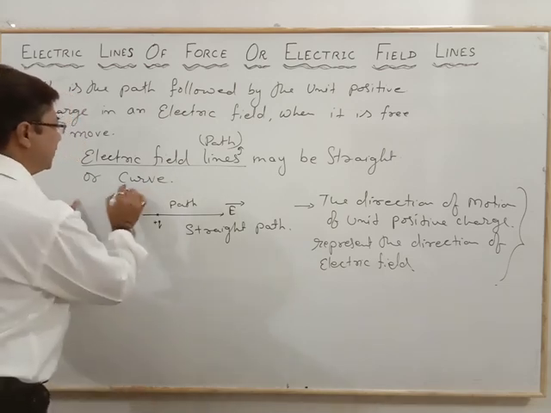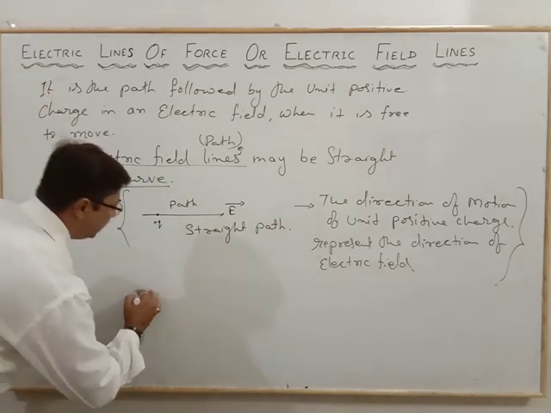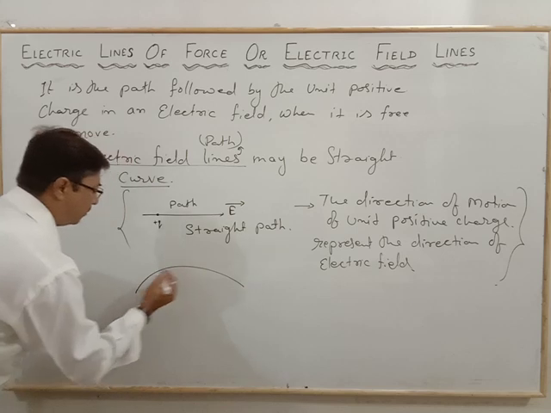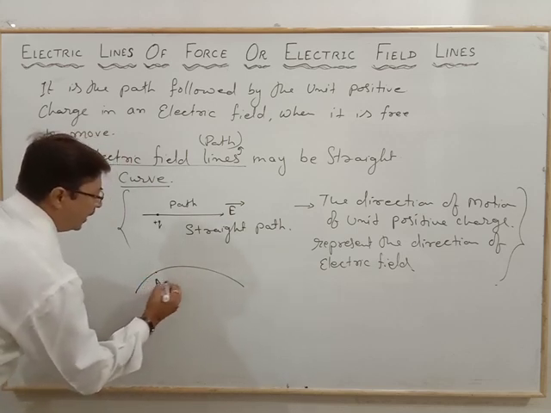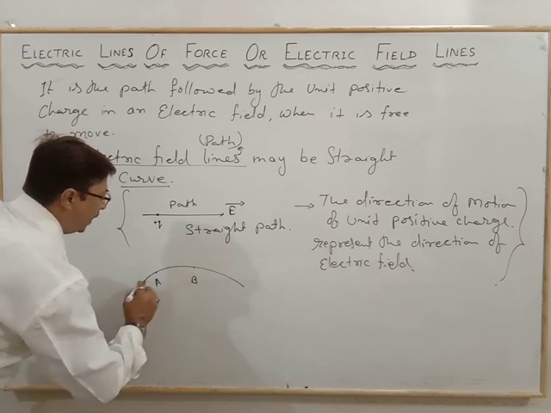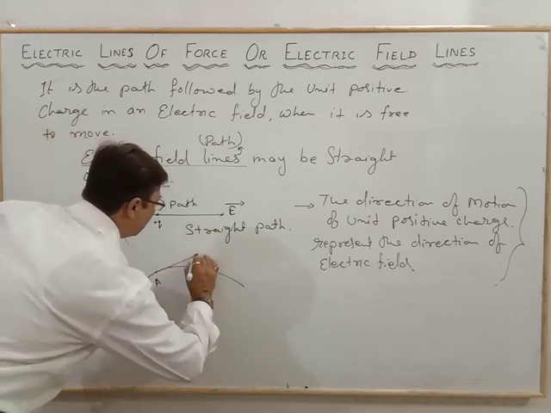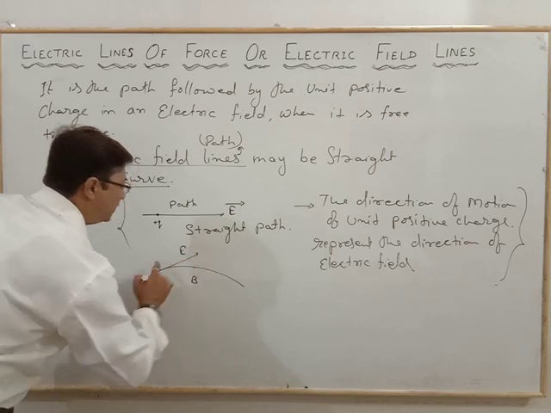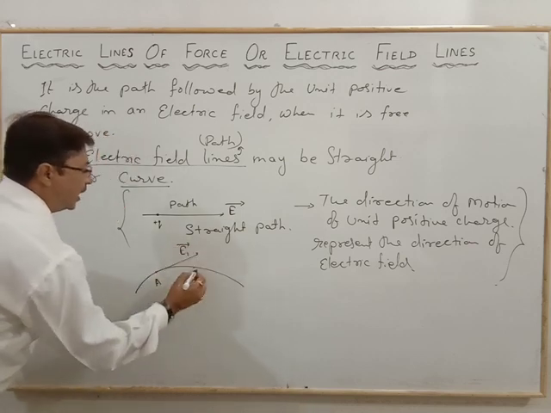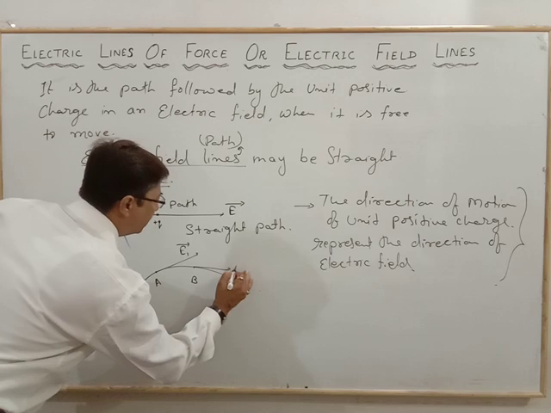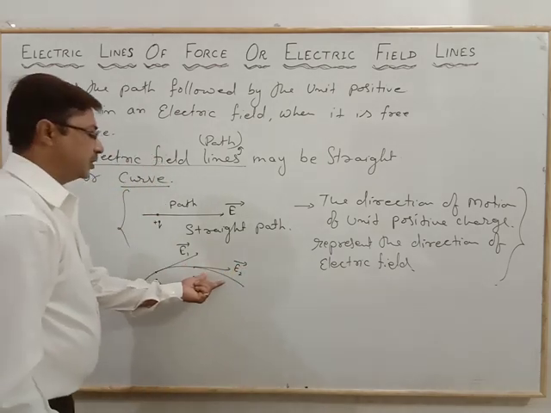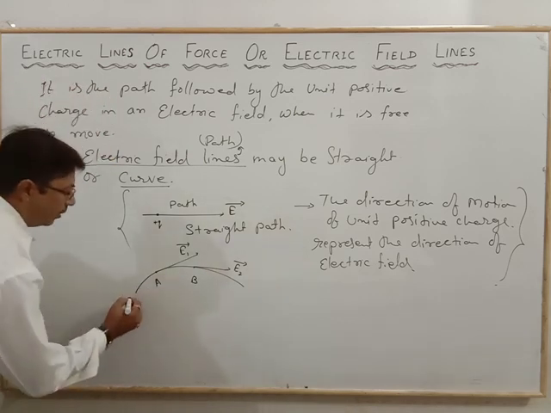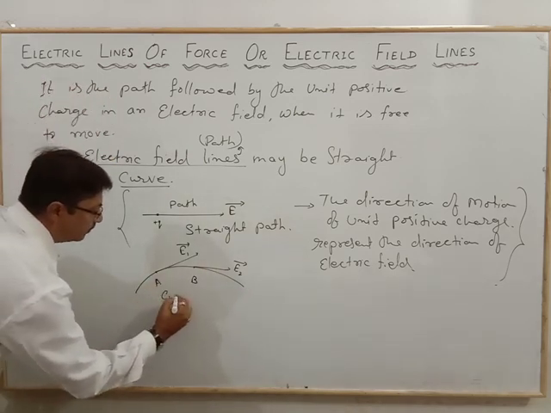But when we consider a curve, in that case the path is curved. Suppose there is point A and here is point B. We draw the tangent at the point, and this tangent will represent the direction of the electric field. In this path, E1 and E2 are the different directions of the electric field.